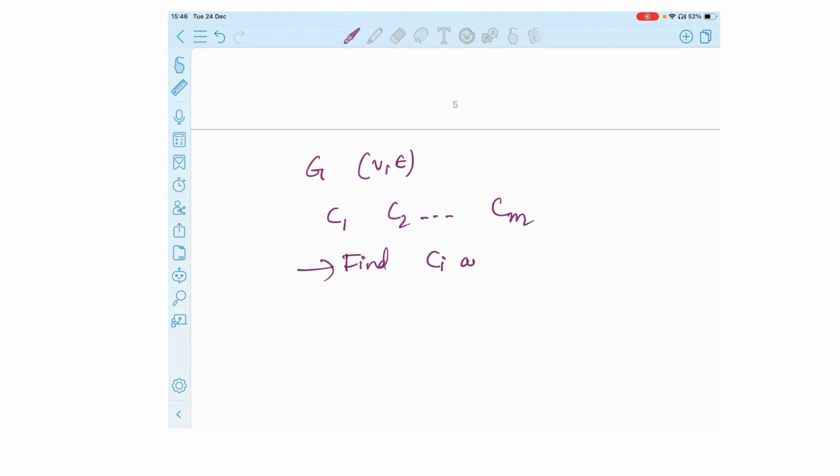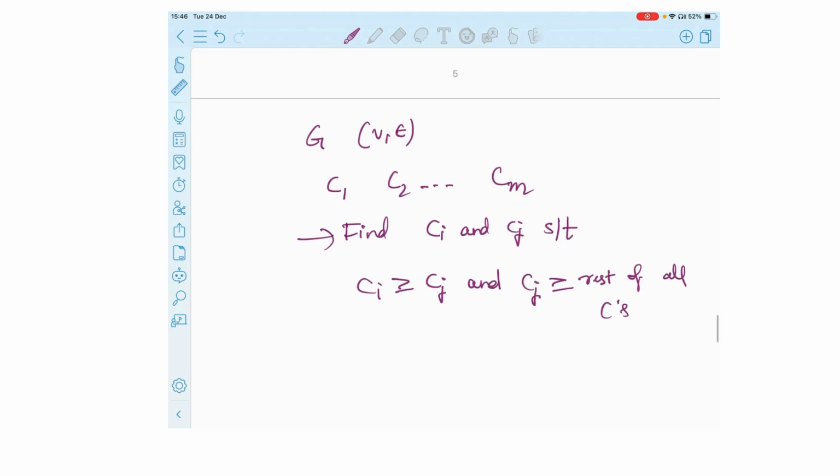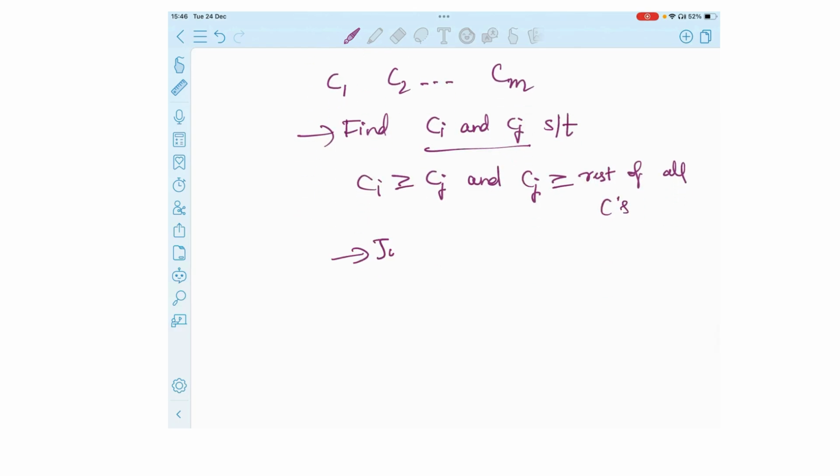Find Ci and Cj such that Ci is greater than or equal to Cj and Cj is greater than or equal to all the rest of the components. So what I meant to say is find the first two maximums, that's it, and join Ci and Cj and count the number of ordered pairs. You don't have to actually join the Ci and Cj during the coding, you can just count them.